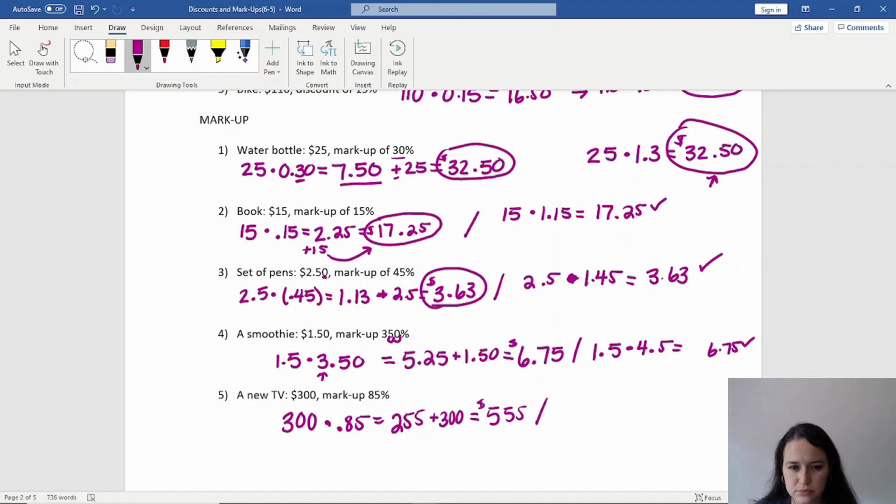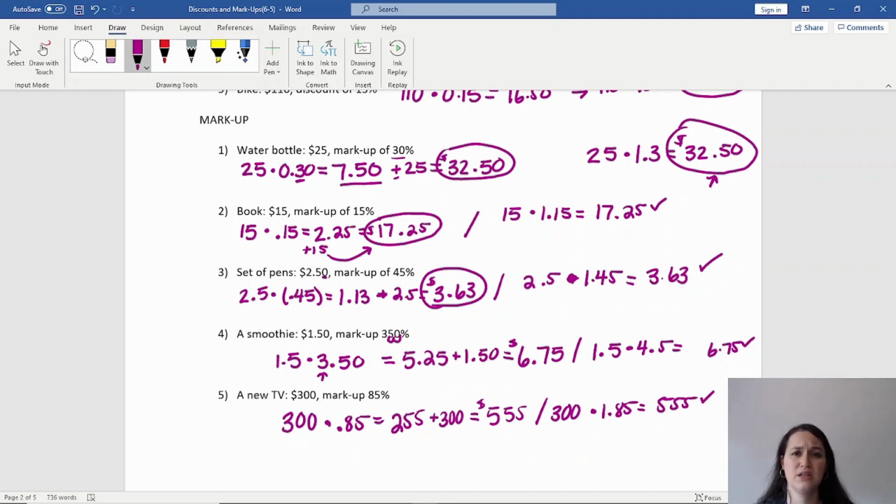Okay, let's see. So then my one-step method, 300 times 1.85. So 300 times 1.85, 555. Good to go. Okay, so that is discount and markup.